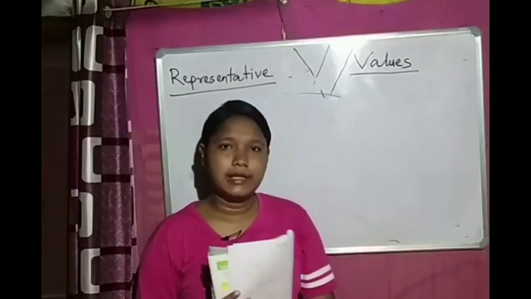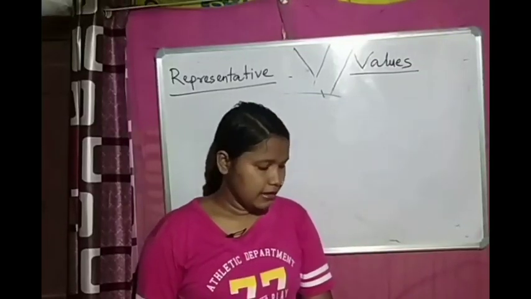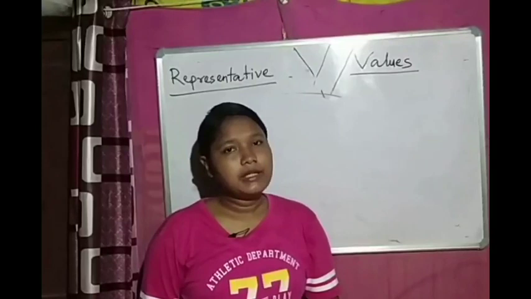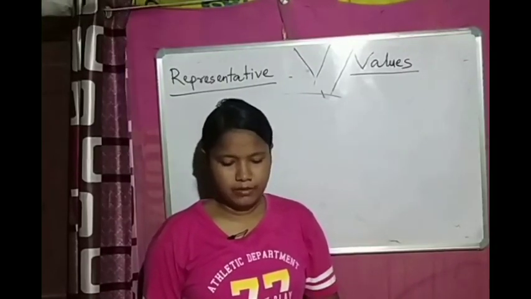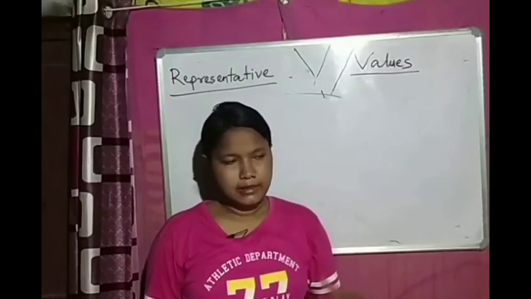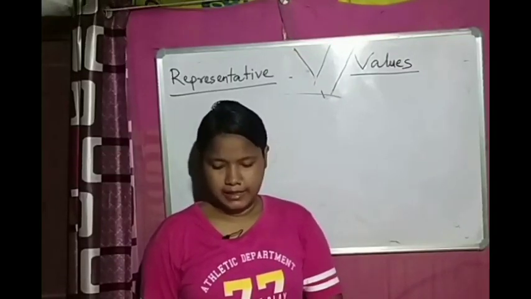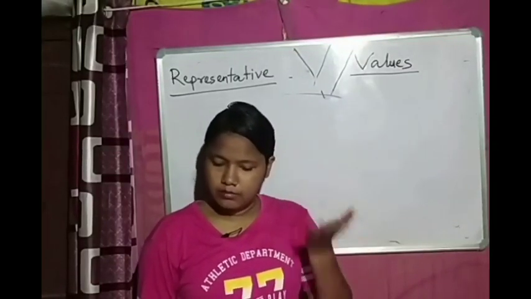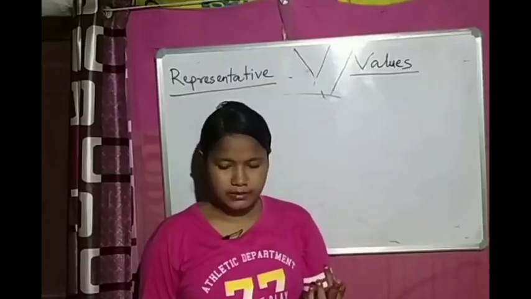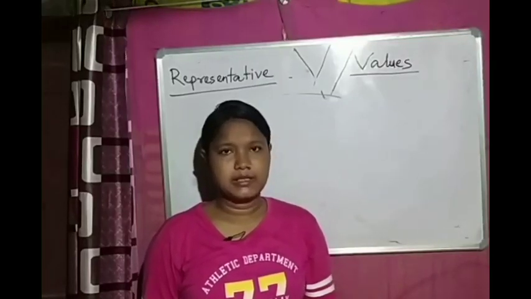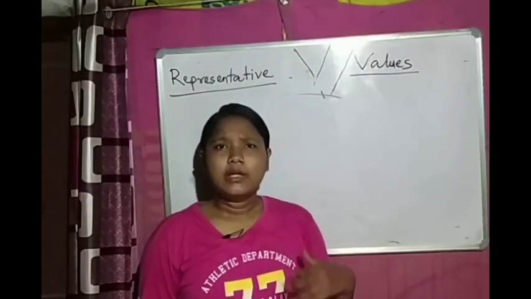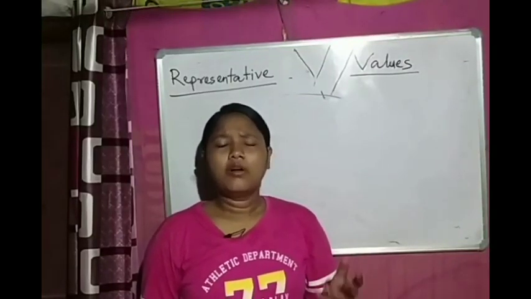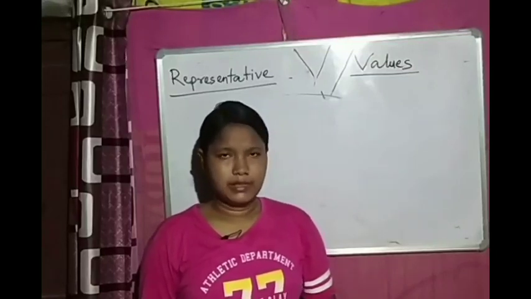When we are collecting and organizing the data, we are getting some values or information. When you are collecting, recording and presenting data, that helps us organize our experience and draw inferences from them. Inference means we draw some value or some result from that.